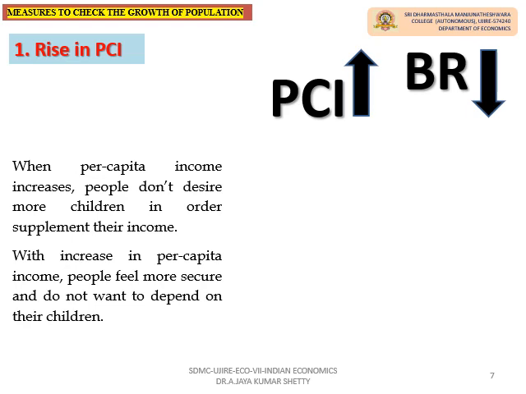When per capita income increases, people don't desire more children in order to supplement their income. So with increase in per capita income, people feel more secure and do not want to depend on their children. So the most important economic measure is to raise the per capita income, which will bring down the birth rate and thereby put a check on rapid growth of population.